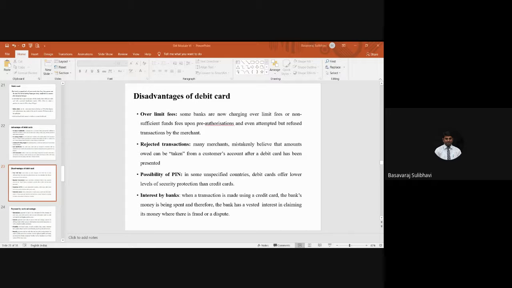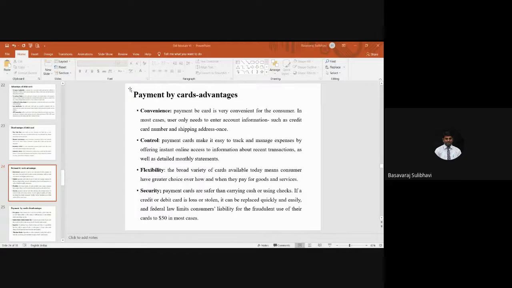Then we have interest by the bank. As we said, some amount of money can be taken in the form of processing fee or card handling fee by the banks.